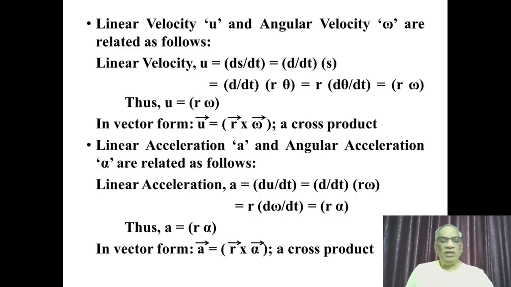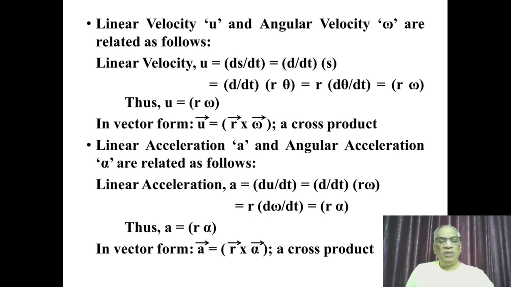Then the linear velocity u and angular velocity omega are related as follows. Because it is a circular path, we have to talk about angular velocity as we do linear velocity in linear motion. The linear velocity is the rate of change of displacement. So u is equal to ds by dt, but s is equal to r theta.